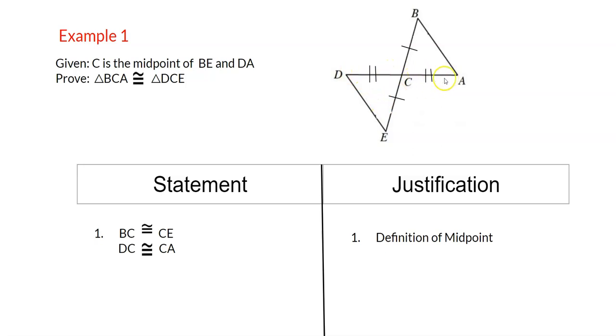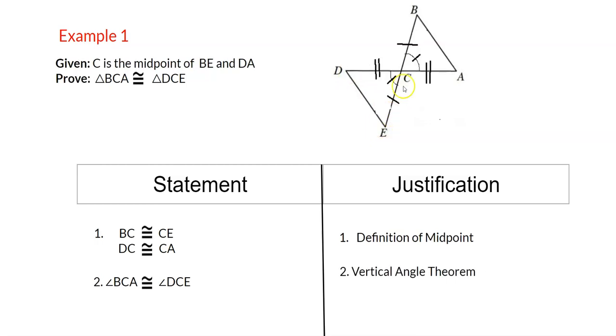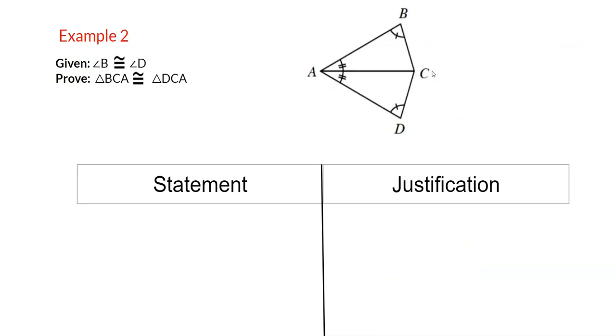The other thing I know is that angle BCA is congruent to angle DCE because of the vertical angle. So our angles are congruent to each other. This gives me enough information to say that the triangle BCA is congruent to DCE because of side, angle, side.